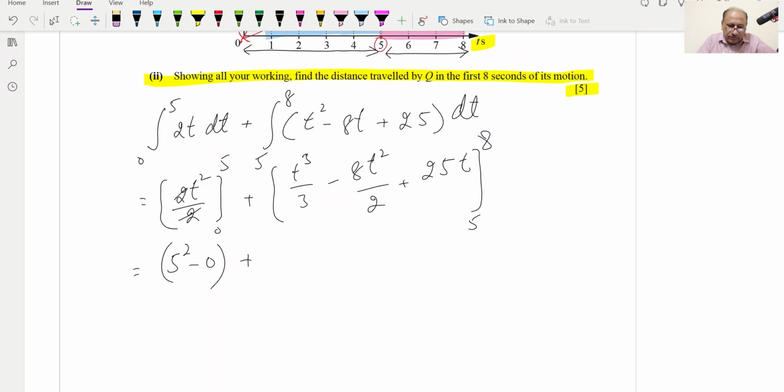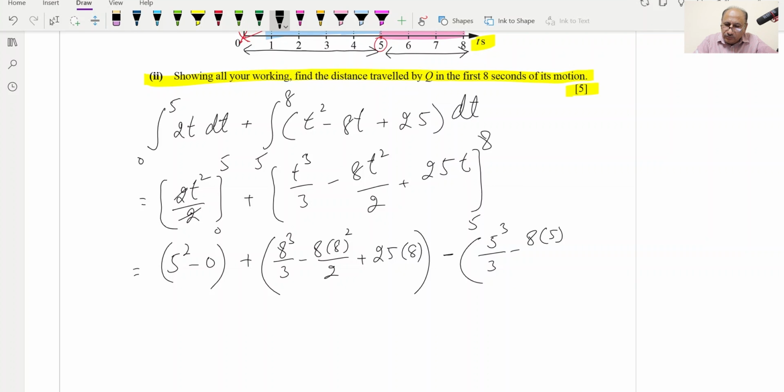This 8 will be replaced first, and we will get 8 cubed over 3 minus 8 into 8 squared over 2, plus 25 into 8, bracket closed, and minus for the second limit, which is 5, so it will be 5 cubed over 3 minus 8 into 5 squared over 2, plus 25 into 5, and this is what we need to calculate.